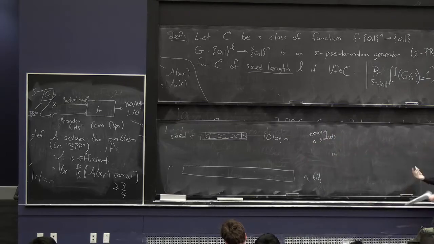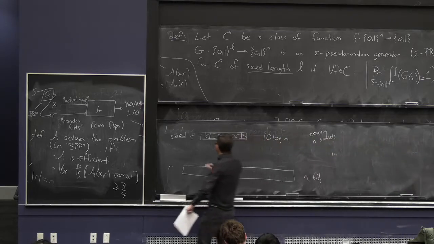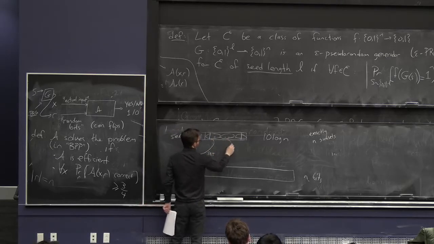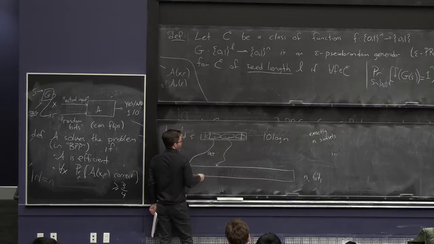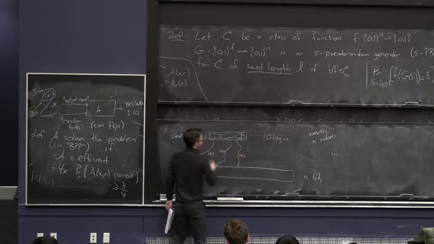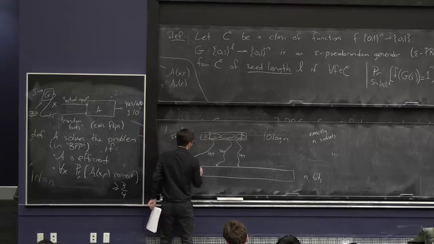And let me not exactly talk about which subsets they are, but you have to be a little bit clever about this. And what you do is you take a really hard function like SAT, and you apply it. Think of SAT as a function that maps strings to bits. You apply it to all of these subsets of the seed bits. And that's how you get your n bits of output here.